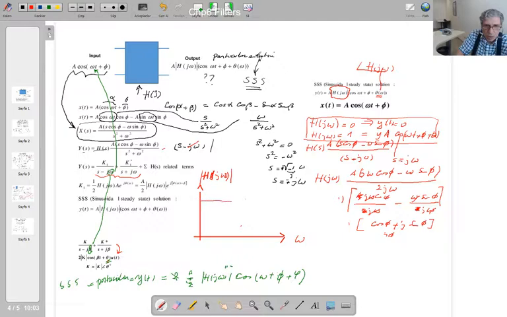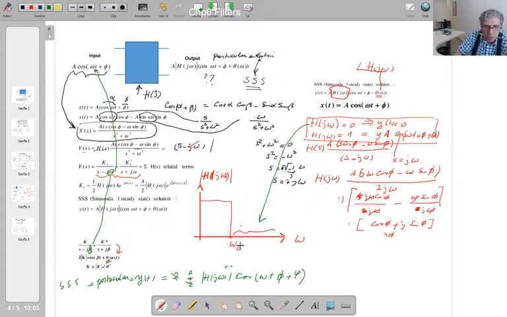If you got a characteristic like that, what does this tell us? Let's make it different. The modulus of H(j omega) is equal to 0, that means the output is 0.